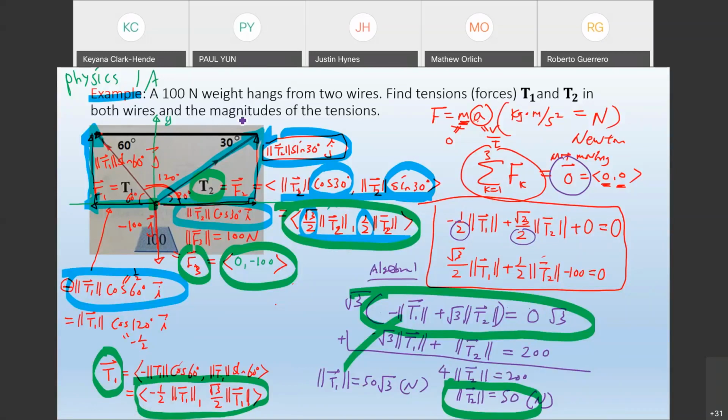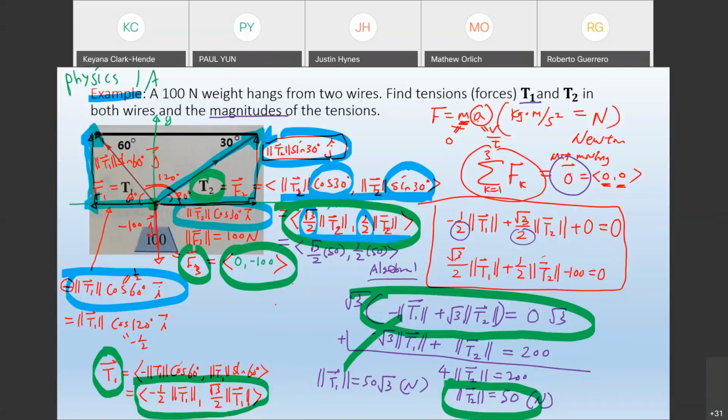So how about the tensions? Just plug in. Here, T2 is what? T2 is 50, so this is radical 3 over 2 times 50, half of 50. That's T2.